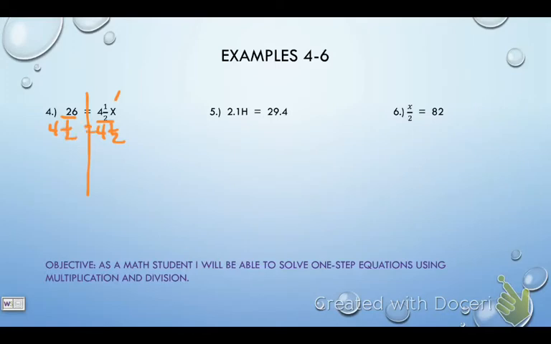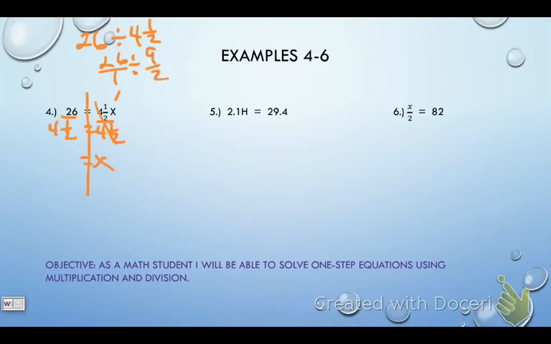So we got x on its side by itself. Remember, when we divide by fractions or by mixed numbers, we want to create an improper fraction. So we got 26 over 1 divided by 4.5. 4 1/2 is the same as 9/2, right?